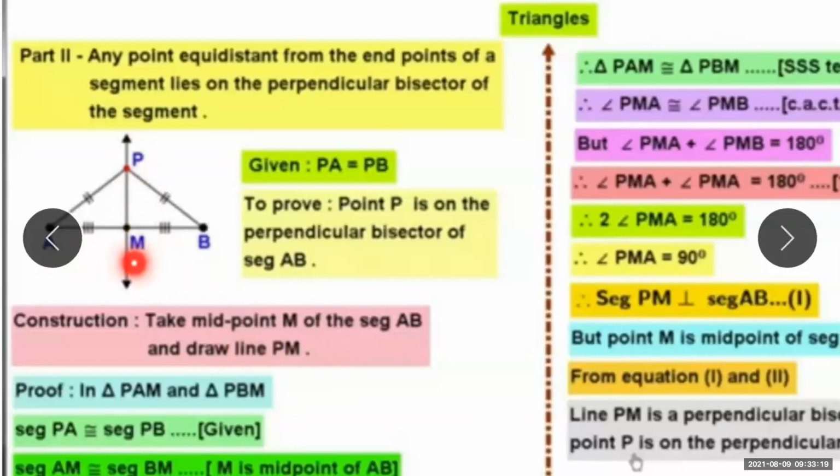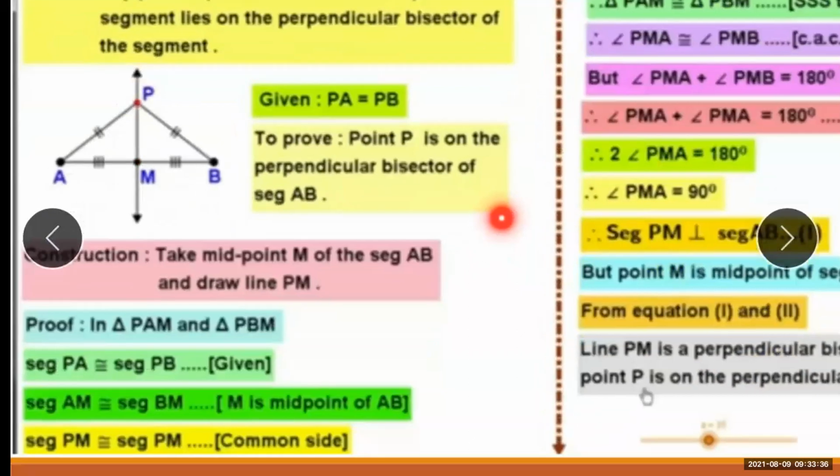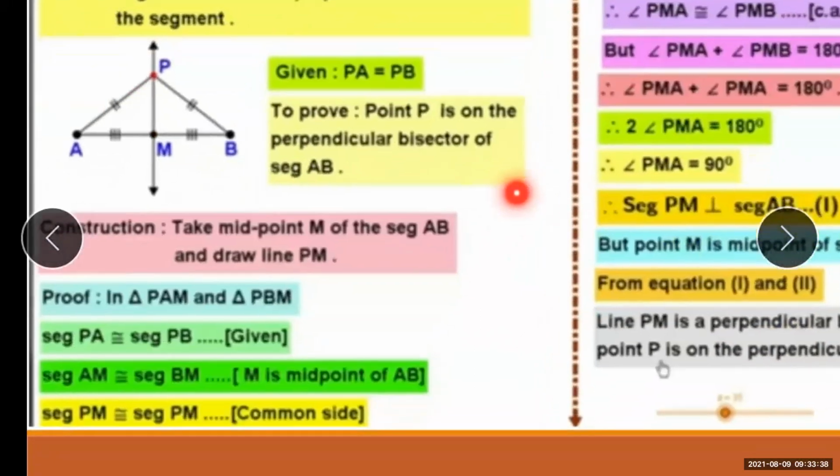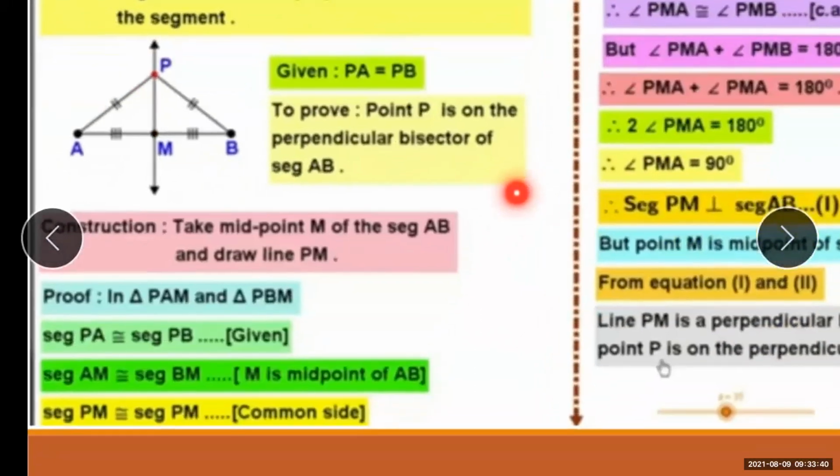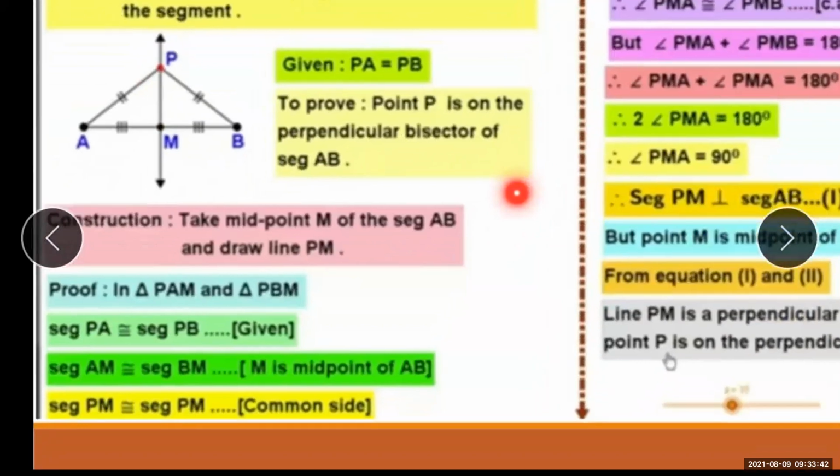Now, because of that, you can see two triangles form here. These are the two triangles. Now let's try to show these two triangles congruent to each other. How to show them? Which factor can we use to show them congruent?